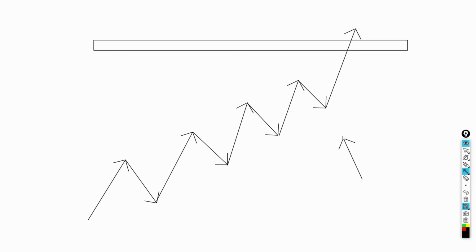Like, we also have a support level here. What about them? Can we use the same strategy at these levels? Well, the answer is yes.